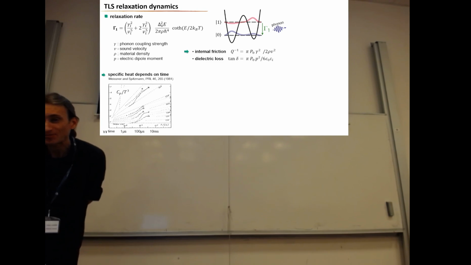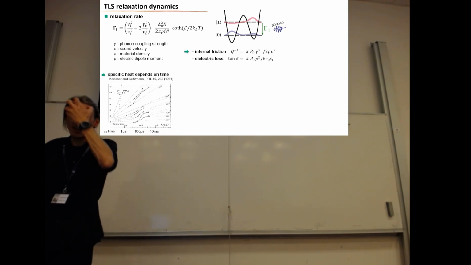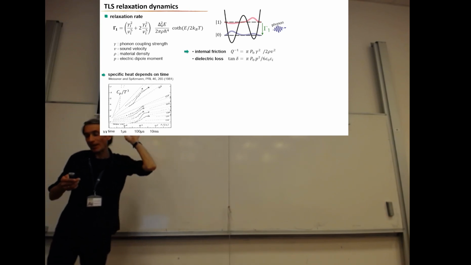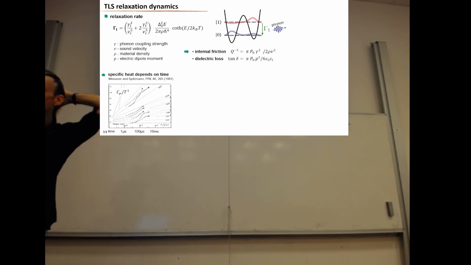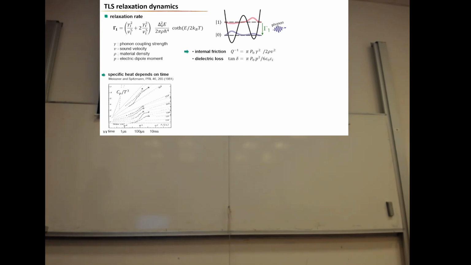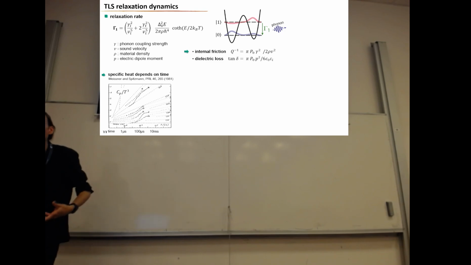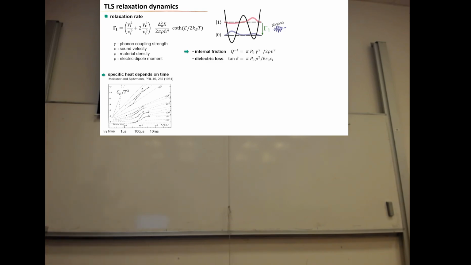Okay. Yeah, this relaxation has some nice, interesting effects. For example, you will see that the specific heat of your amorphous material actually depends on time. So this means you can apply heat pulses of different length. You just shortly pulse your heater on the material for maybe 1 microsecond, or for longer.